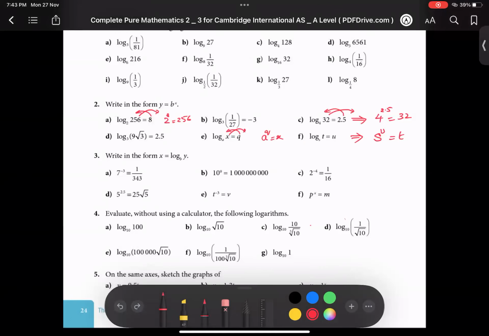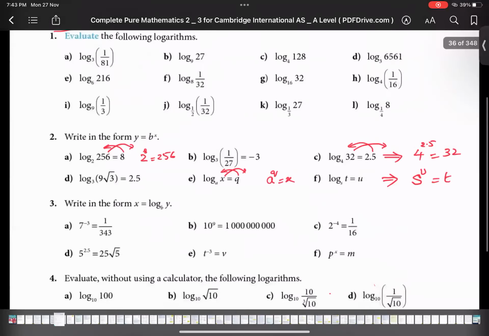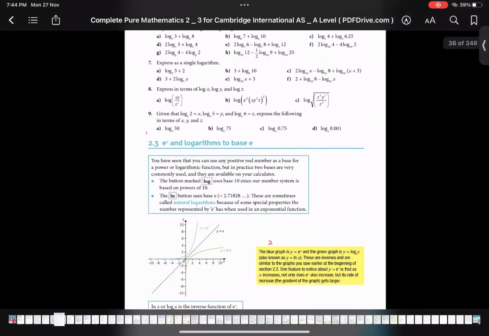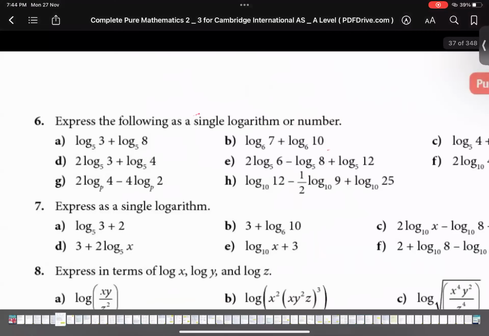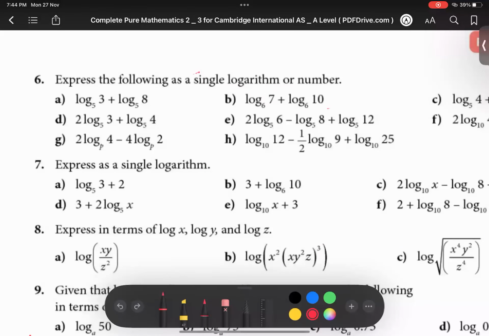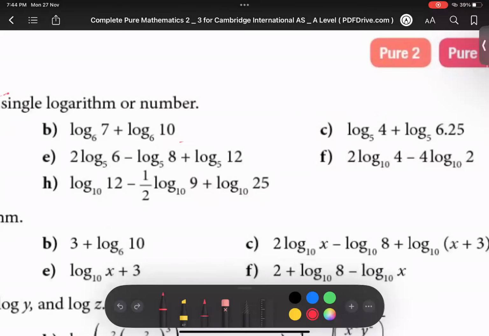Okay, the last property is implemented. Now some other properties. This kind of exam question often comes in the exam paper. Here we have 3 logs given, 1, 2, 3. Convert into a single logarithm or a number. For example, question number E. Students, this 2 can go in the power of 6, using property number 2.